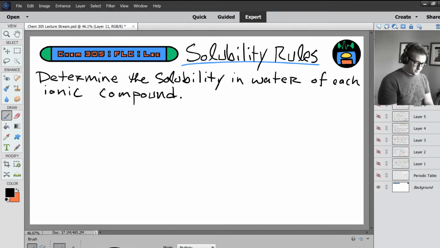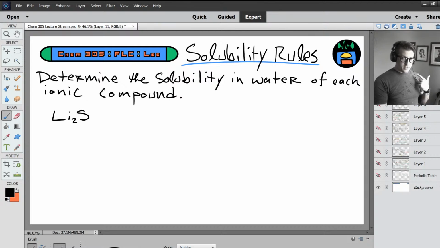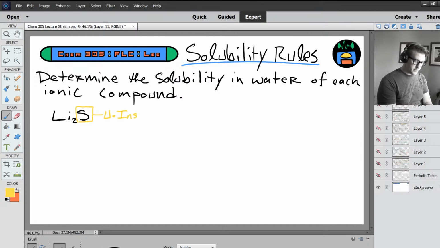All right. So let's look at lithium sulfide. Now, sulfide is usually insoluble, but lithium is always soluble.